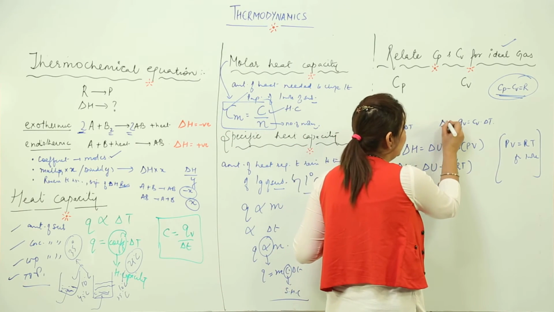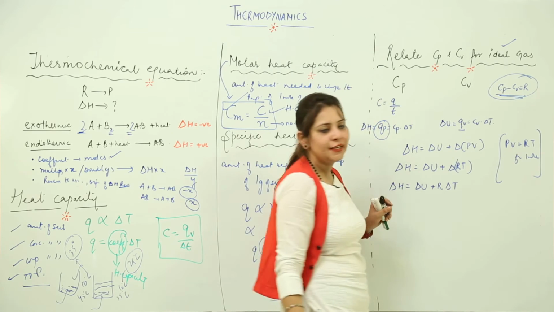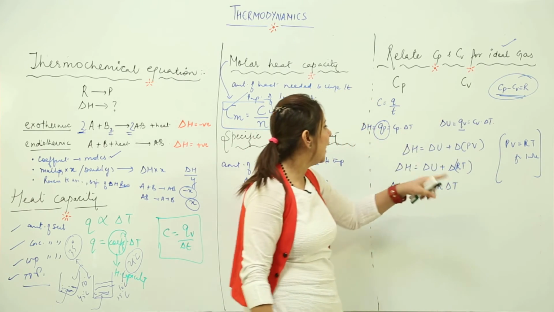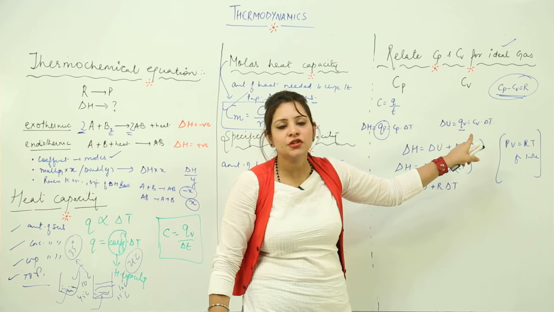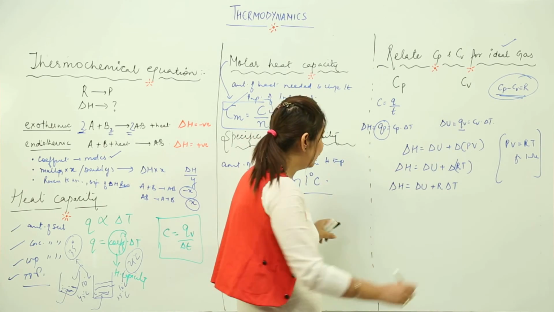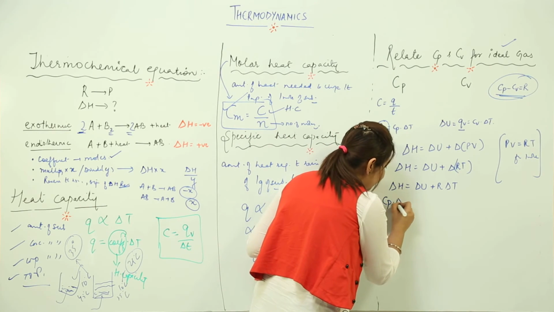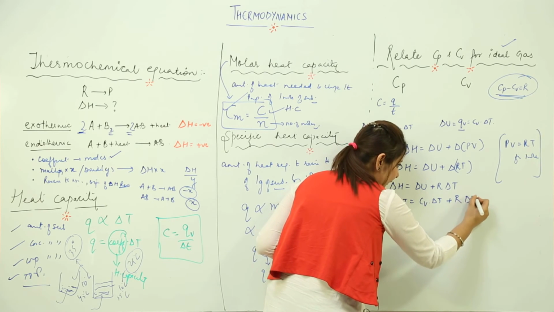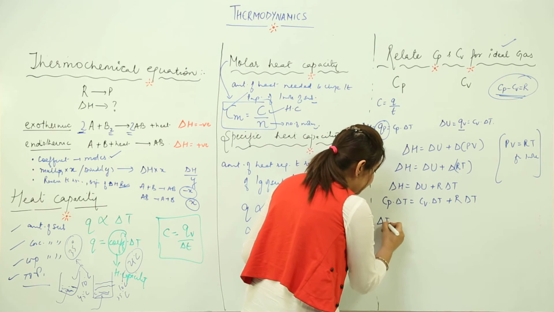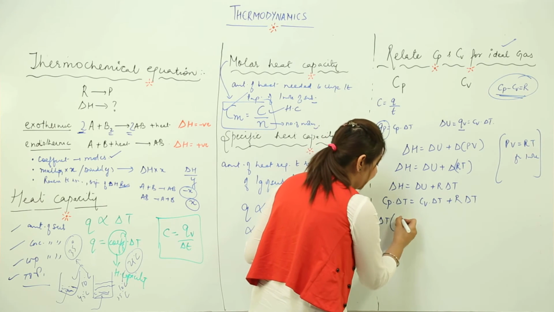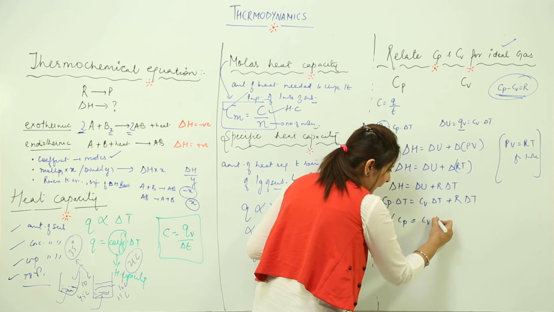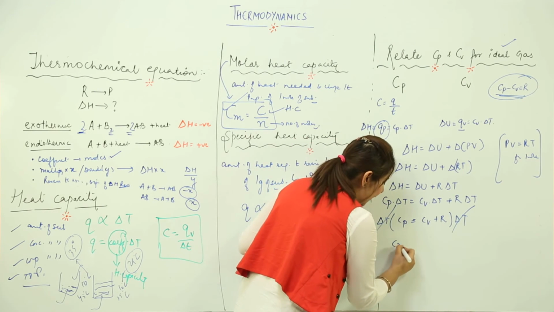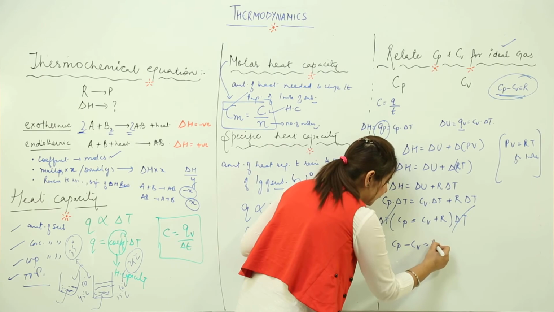Likewise, delta U is equal to the heat energy released or absorbed at constant volume, which is Cv into delta T. So in place of delta H and delta U, I write these values: Cp into delta T is equal to Cv into delta T plus R delta T. Taking delta T common, because all three terms contain delta T, delta T cancels delta T. As a result we get Cp minus Cv is equal to R.